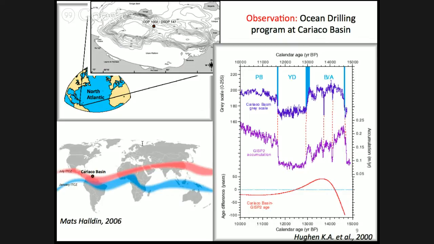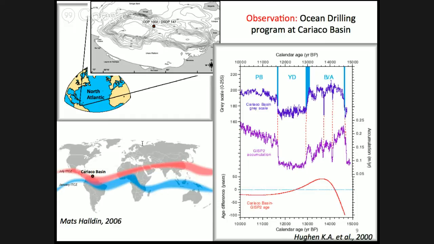So this forms the annual cycle. Now this line is showing the past gray scale of the sediment. You see that over the Younger Dryas period, this gray scale is lighter, which indicates that at this period, there was more plankton sinking to the bottom, which indicates that there may have been a stronger trade wind over that period.